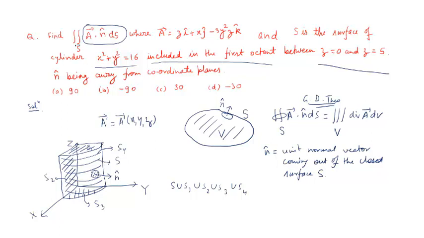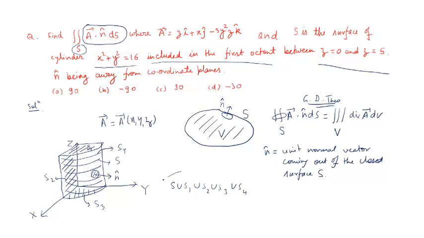Alone S is not a closed surface. S is the part of the cylinder, not S2, not S4, not S3, not S1. The others are the bounding surfaces which are helping us to have a closed surface.